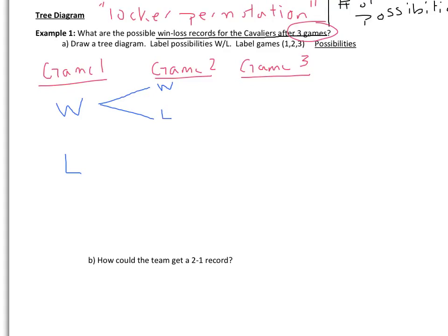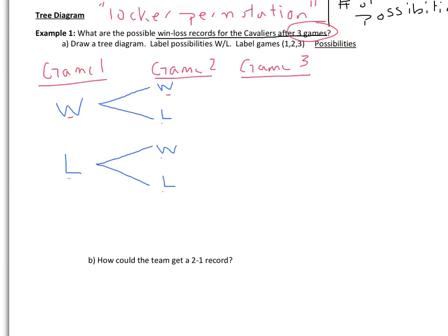If they lose the first game, they can either win or lose the second game. So now we have 4 different branches going on because there are 4 different things that can happen, right? If we're just talking about games 1 and 2, they could win-win, win-lose, lose-win, or lose-lose. Those are 4 different outcomes, right?